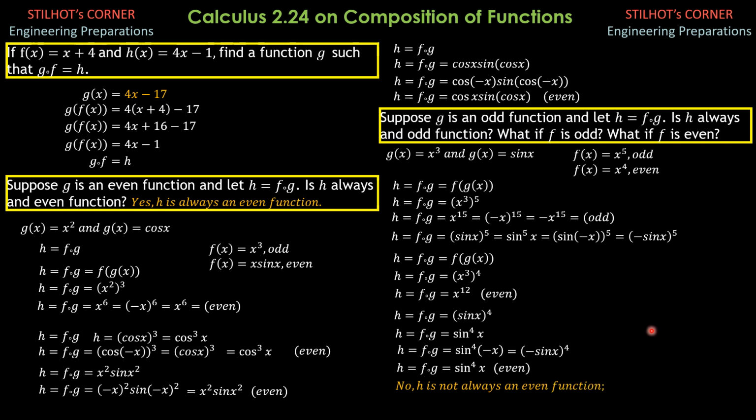H is not always an even function. So h is odd if f is odd, and h is even if f is even. So that's the answer. So this is simplified, by the way, to negative sine to the fifth of x. That's why it is an odd function.